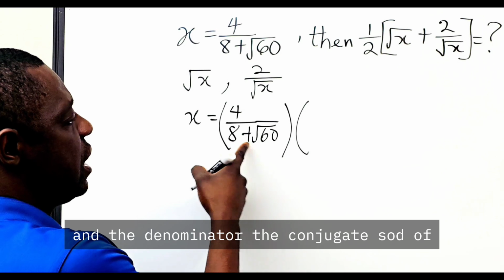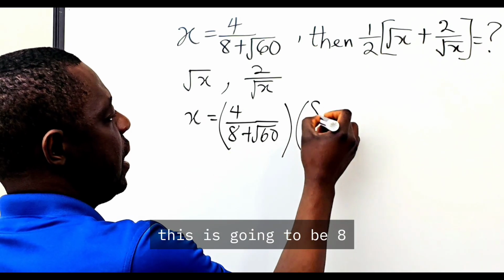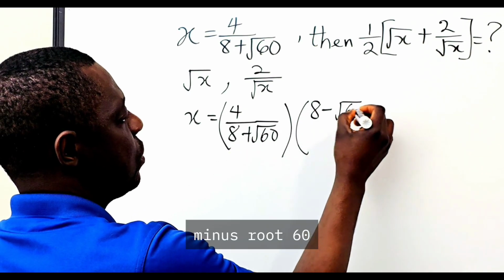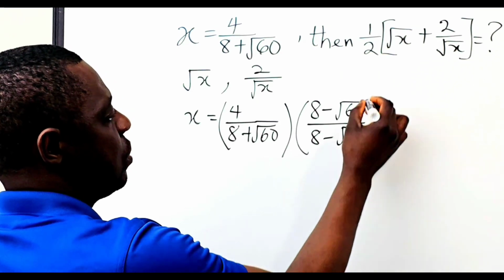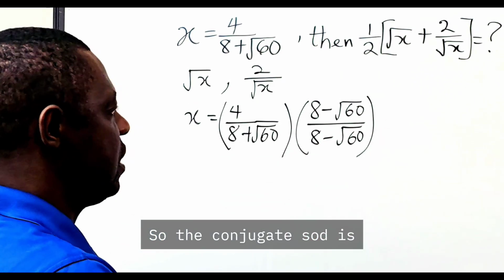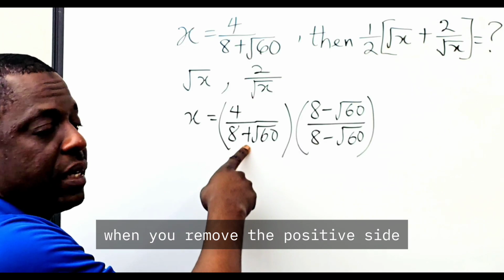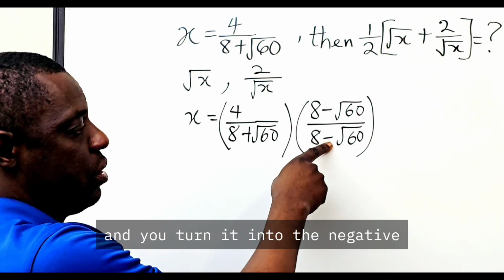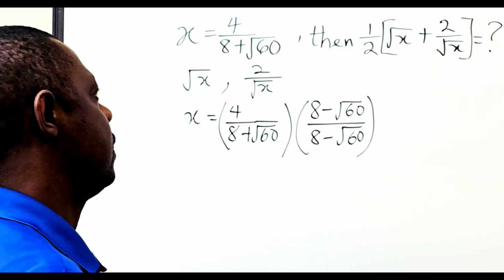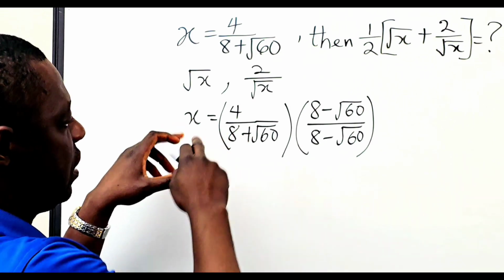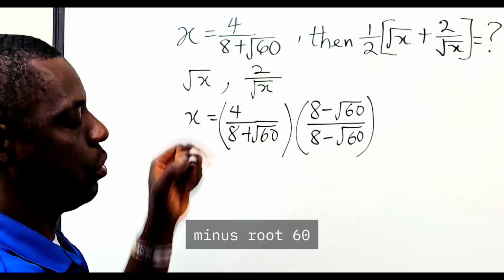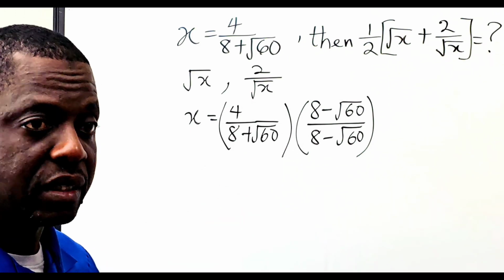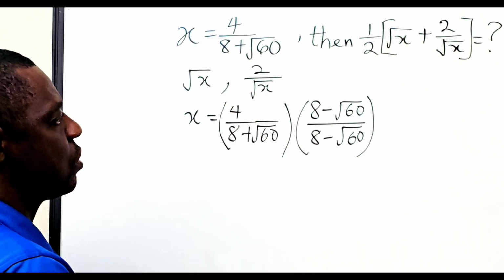The conjugate surd of this is going to be 8 minus root 60 divided by 8 minus root 60. So the conjugate surd is when you remove the positive sign and you turn it into the negative. Like I said, if you rationalize this, you are going to have 8 minus root 60. But let's see if that is true or not.